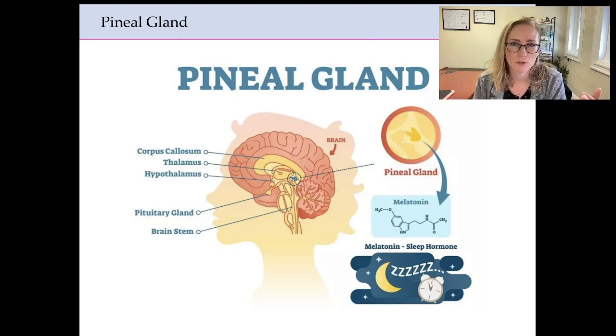There are other factors involved, but basically light to the eye and melatonin production are one of the main chronicity setters for your circadian rhythm, meaning it sets your circadian rhythm to a 24-hour cycle. I think it's more appropriately a 23.5-hour cycle, but I'm not going to be picky here.